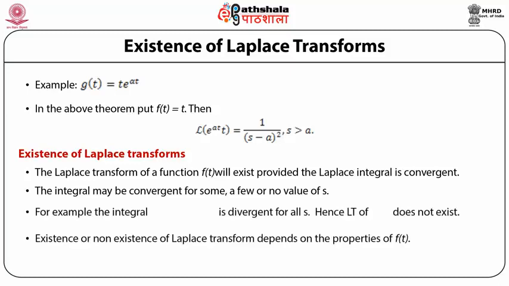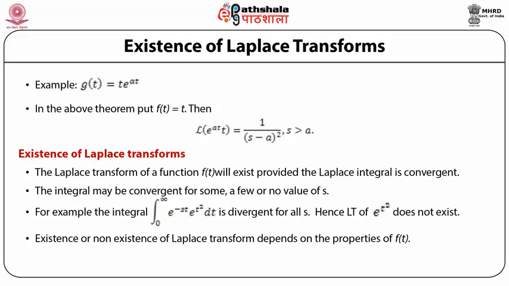As an example, the integral over the limit 0 to infinity e raised to power minus st into e raised to power t squared dt is divergent for all s. Hence, e raised to power t square does not possess a Laplace transform. Roughly speaking, we can see that though as t tends to infinity, e raised to power minus st tends to 0 for s greater than 0, e raised to power t square diverges even more rapidly.